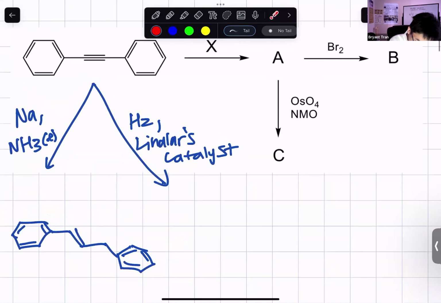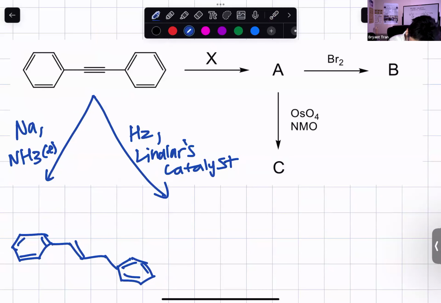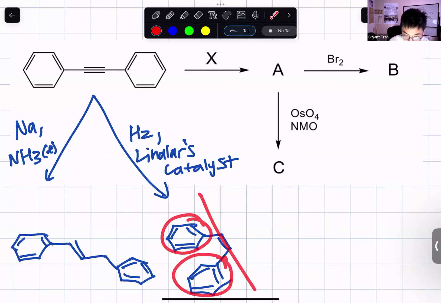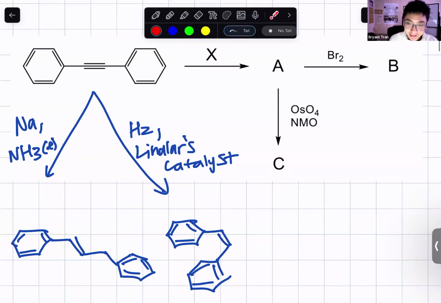But when we use H2 with Lindlar's catalyst, we are going to have this alkene right here. Let me draw that alkene like that. When we make a line through that alkene, the R groups are now on the same side of the line, making that a cis alkene.